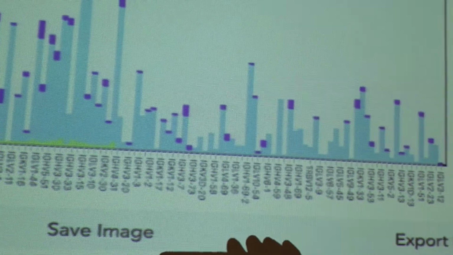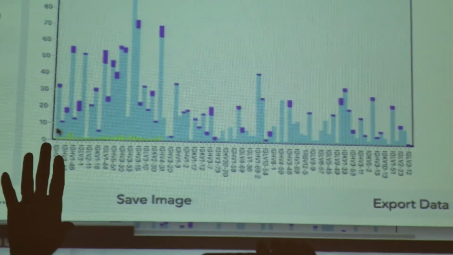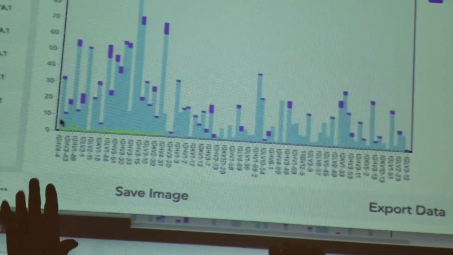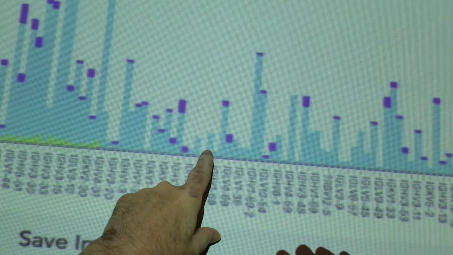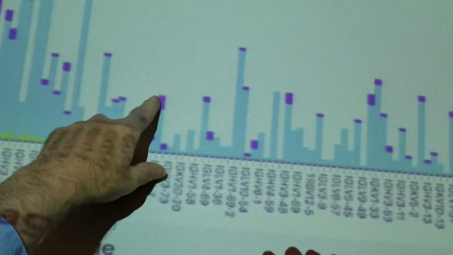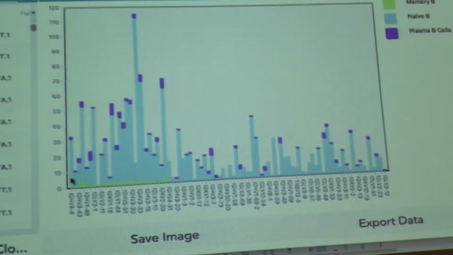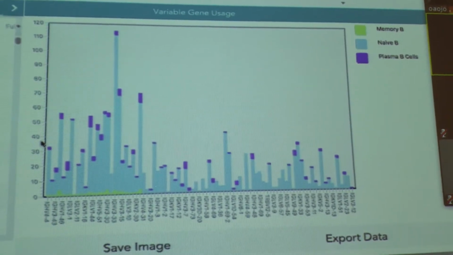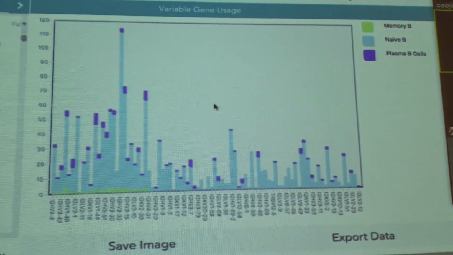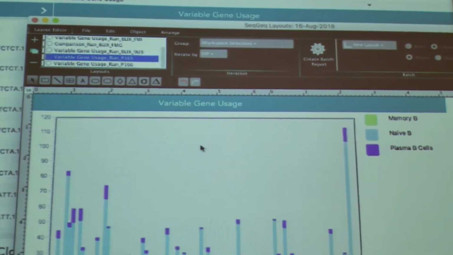There's almost no naive, but there's a lot of plasma. Others start out with some naive and a lot of plasma. That's the purple to blue ratio. So this is 166, and we have a static image for 165, which is here.